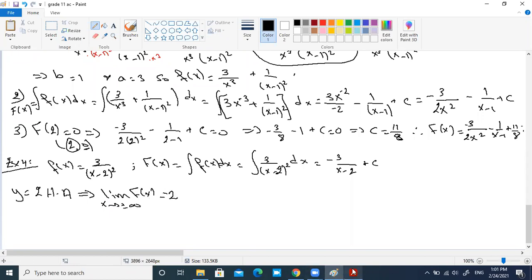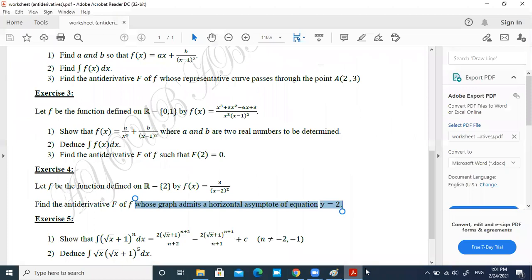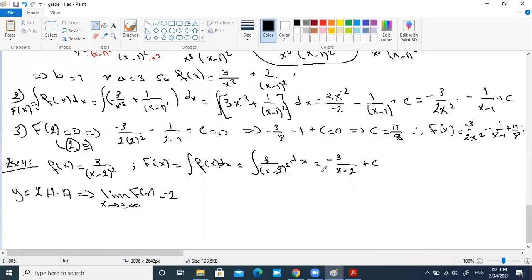Don't be surprised by the way the questions are phrased. Here it doesn't say whether the graph admits the horizontal asymptote y equal to at positive infinity or at negative infinity. This function, negative 3 over x minus 2, has the same asymptote at positive infinity and at negative infinity. Next year you will see exponential and logarithmic functions.